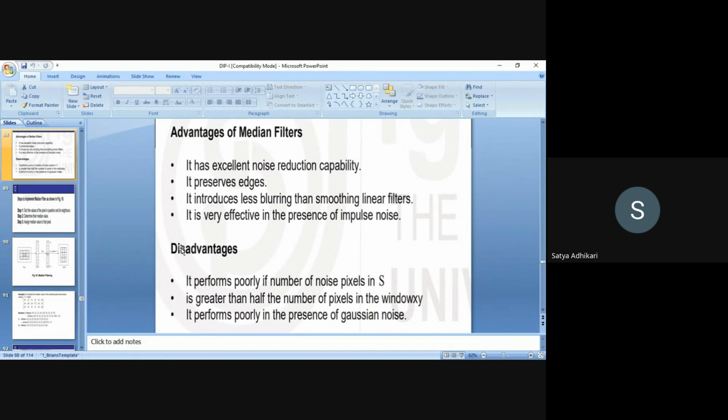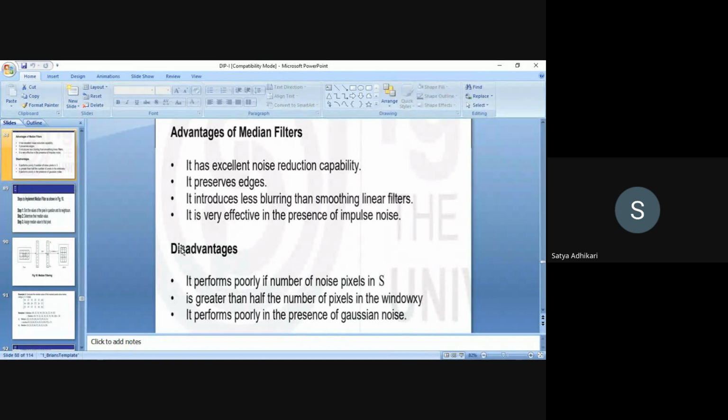And the disadvantage is, if the number of noise pixels in a particular region, the region we are interested in, is greater than half of the number of pixels in the entire window, it performs poorly.